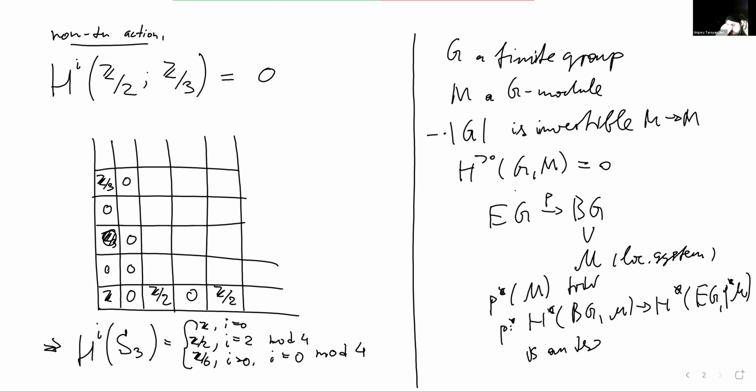I'm sorry, can I ask a question? Sure. Is it true that the retract of an exact functor is an exact functor? Don't know.